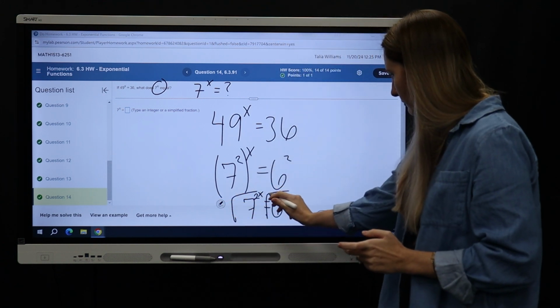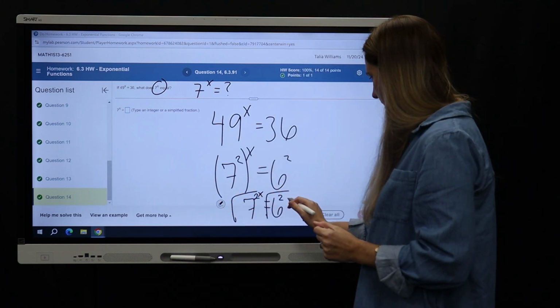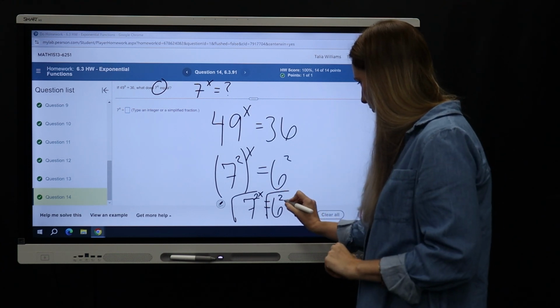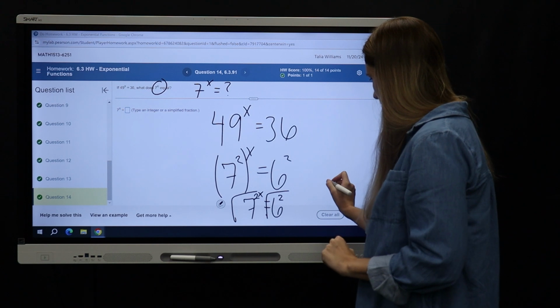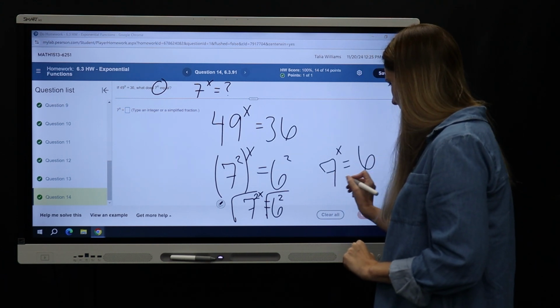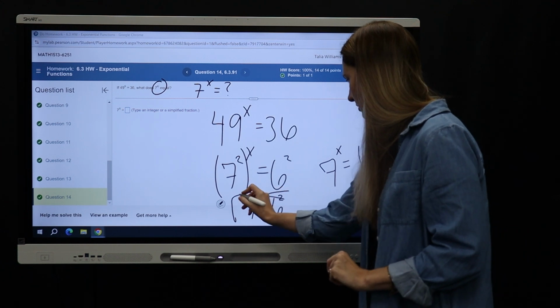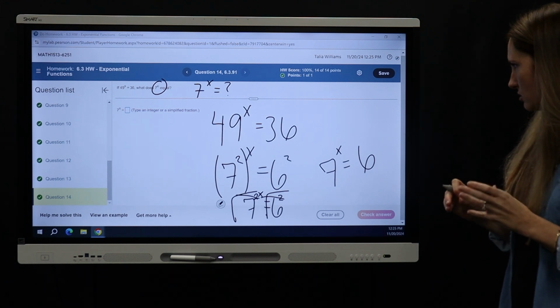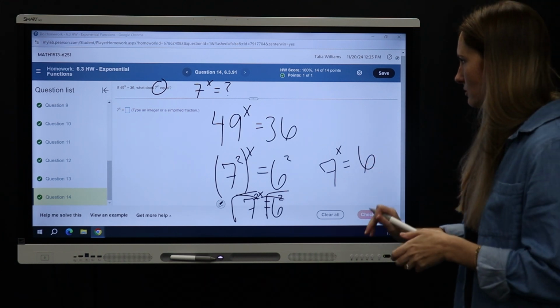So that's going to get rid of my square here. So that's going to be 7 to the x equals 6, because the square and the square root would cancel. So 7, the x is still there, and 6 is still here because this just gets rid of the square and the square root because they're inverses of each other. So 7 to the x equals 6.